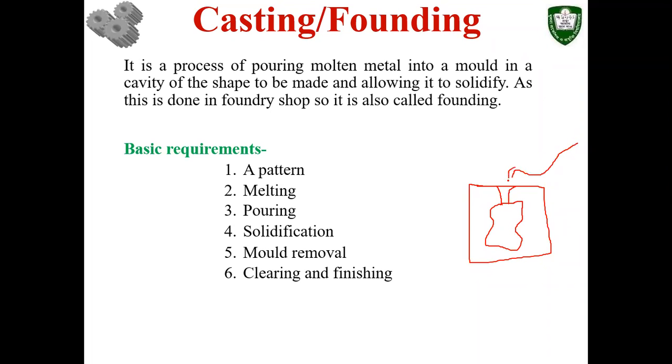The molten metal is being poured through this way, and this cavity is filled up, and then you keep it for some time to get the heat released from the part, and then the part becomes solidified.